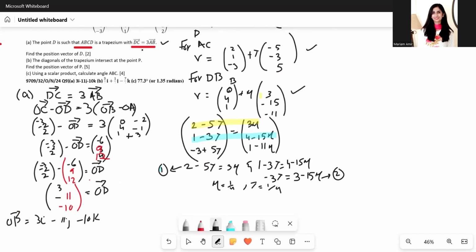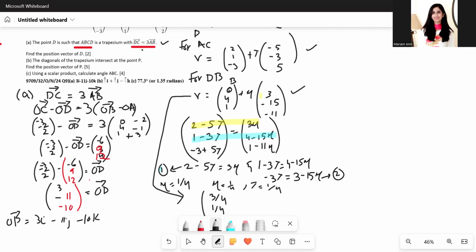Okay, so I'm going to substitute it in here. So mu is 1 by 4. So then I get 0 plus 1 by 4 times 3, that's 3 by 4. Then I get 4 plus 1 by 4 times minus 15, that would get us 1 by 4.